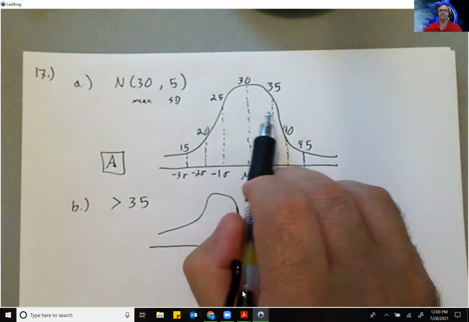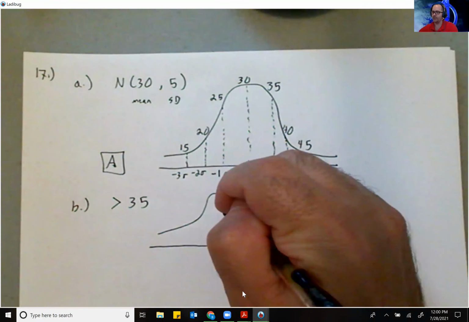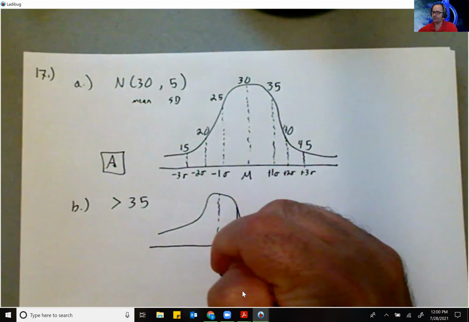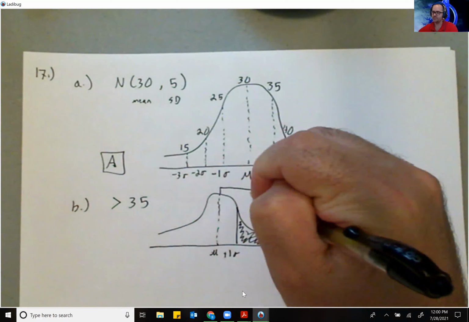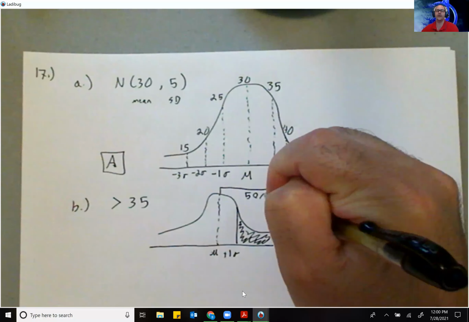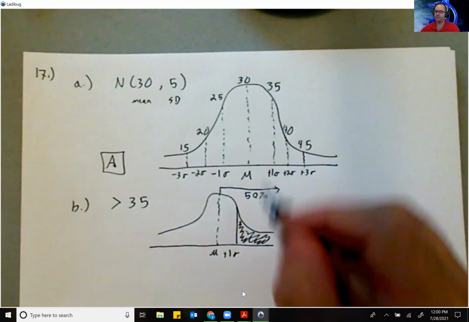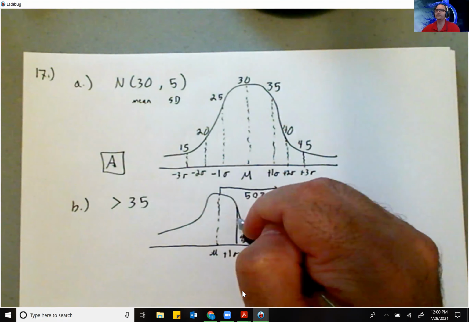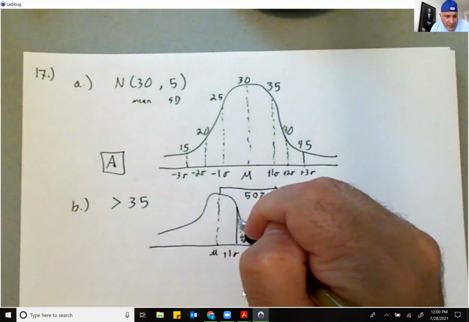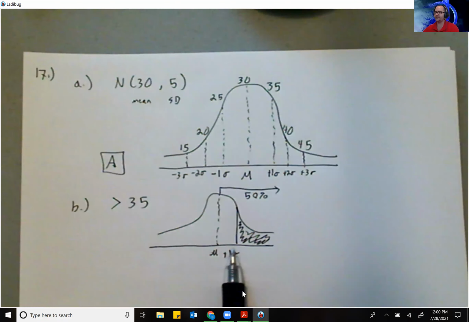Remember that when we're midway here at mu, this represents 50%. And between mu and 1 standard deviation, how much is that?